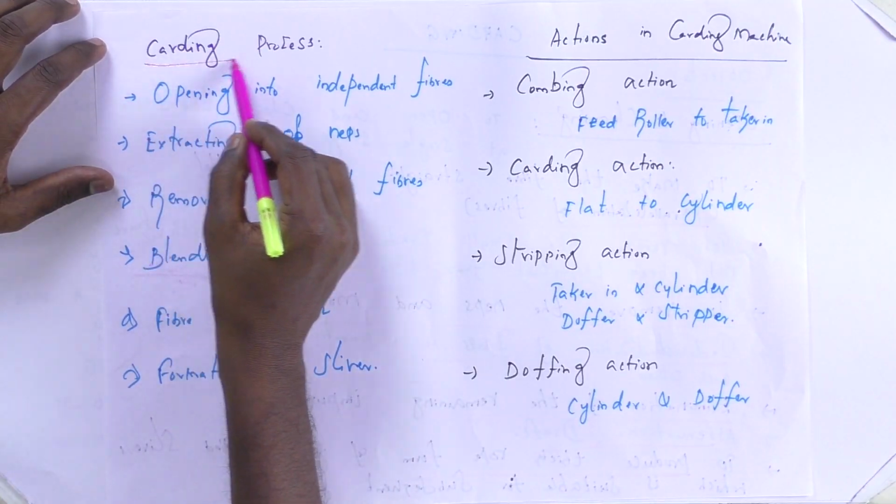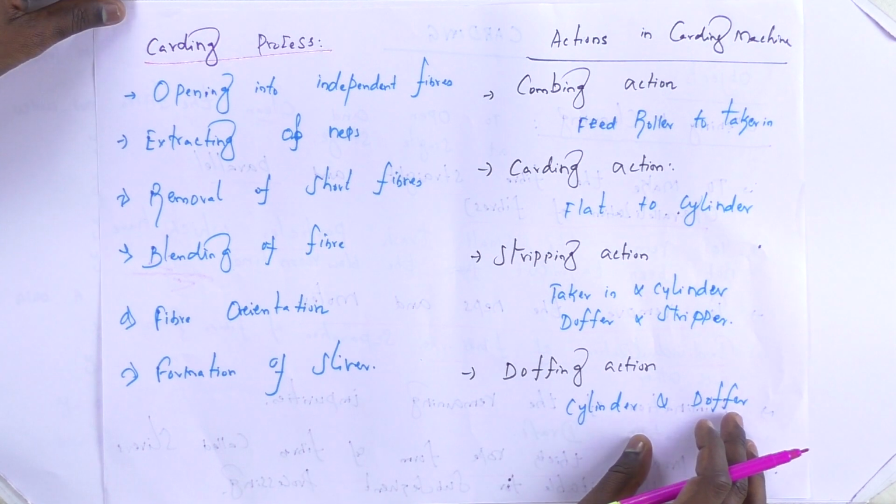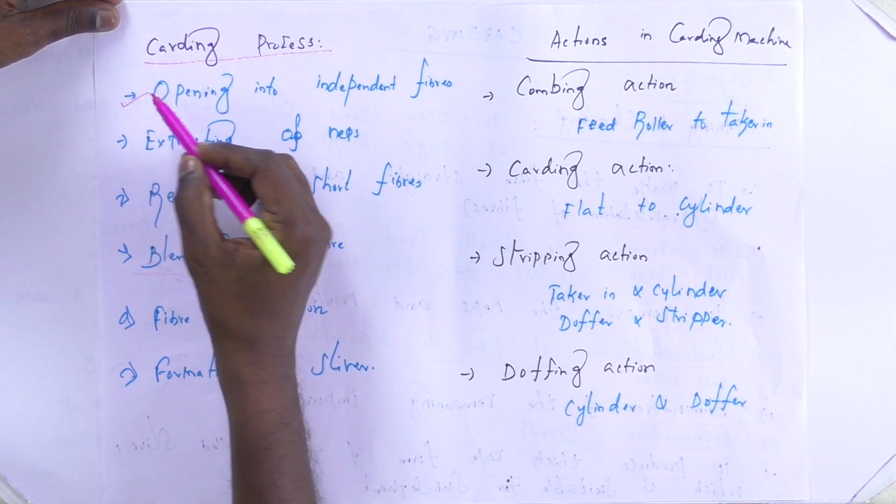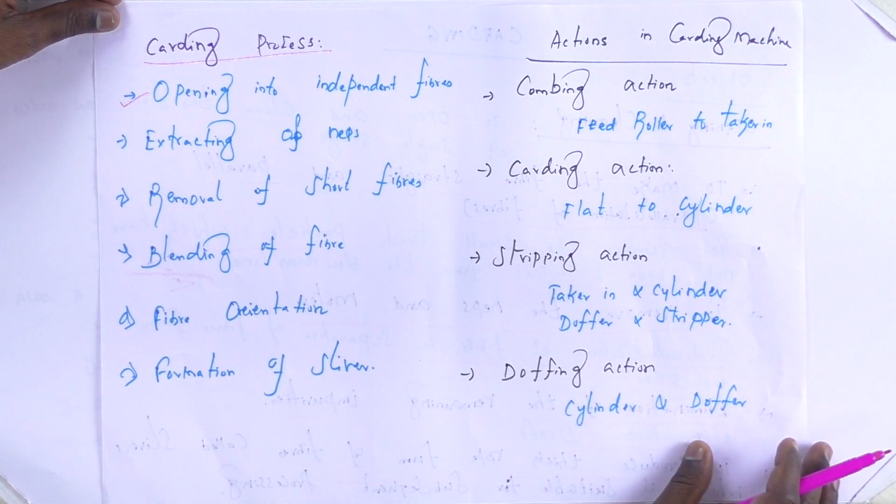Next, carding process. So what is going on in the carding process? The first object: opening into independent fibers. In blow room, the bale form of fiber is converted into tuft form. Tuft form means n number of fibers are attached together. It's a bulky form. It is converted into individual fiber form by carding process.